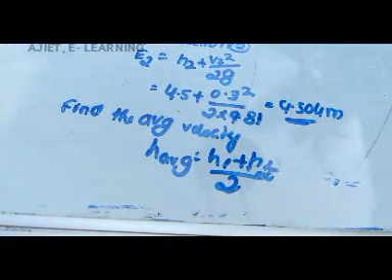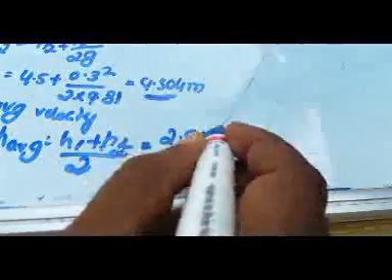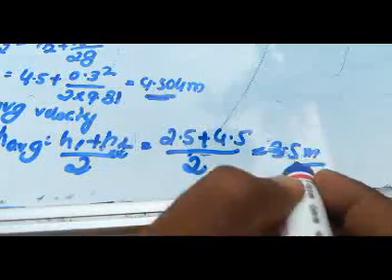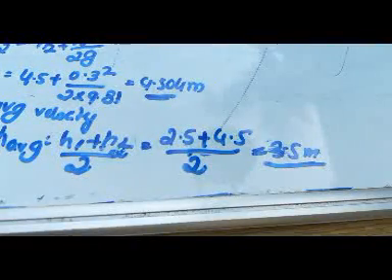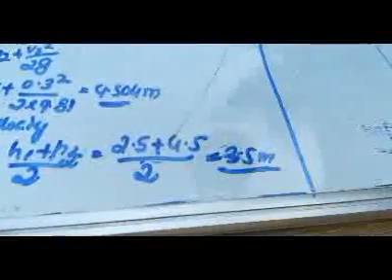H1 we know is 2.5 and H2 is 4.5, so H average is 3.5 meter. Average velocity we can calculate next.